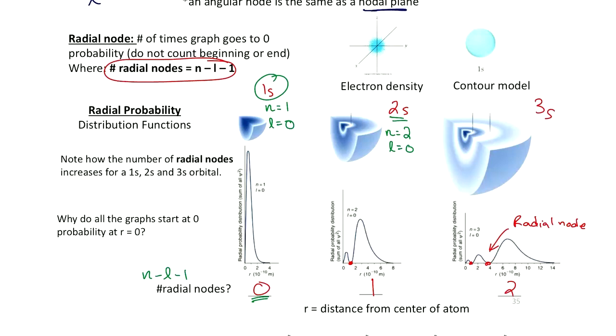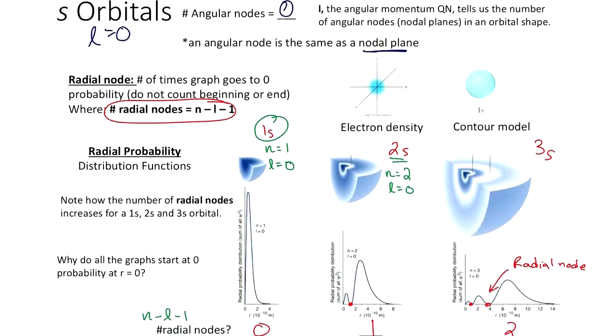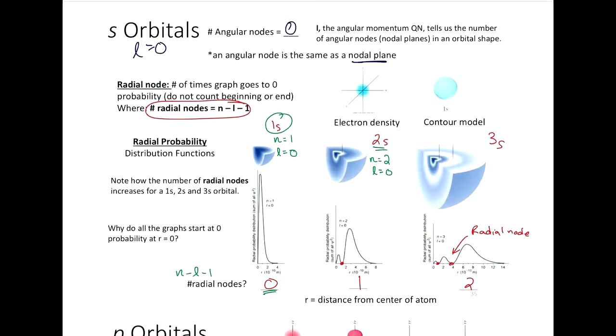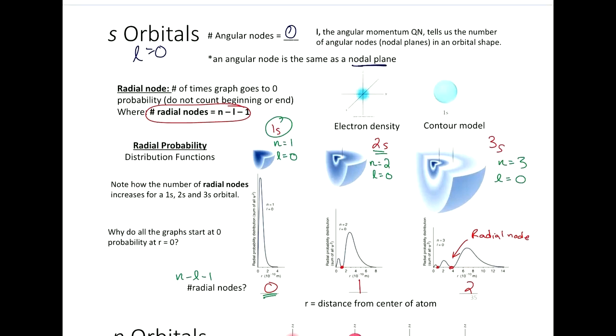All right, and then the last one, 3s: n equals 3 here, L still equals 0. If you do n minus L minus 1, you again get the correct number of radial nodes drawn in this graph. It's 2, all right? And so just given the quantum numbers from the subshell designation, we can predict how many times your graph goes to 0.